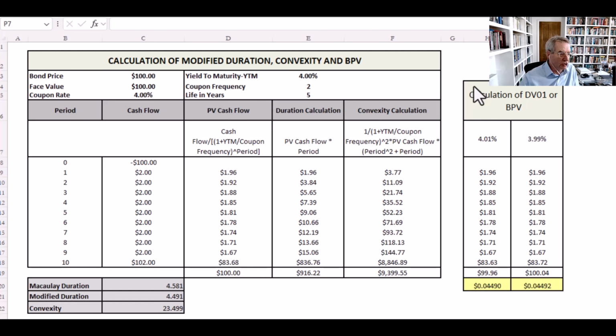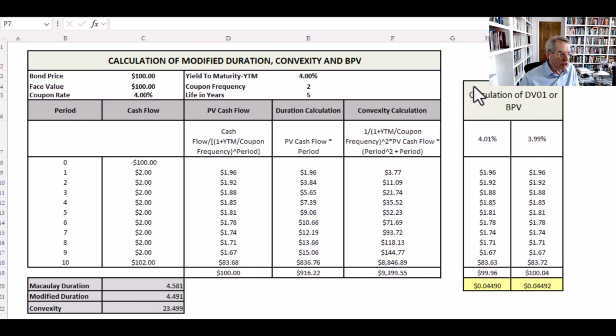So let us now go through the cash flow analysis for this bond. Here we can see the various periods extending down to 10, and the final payment here in year 5. This is the second half, if you like, of year 5. What I've done is combine half of the 4%, i.e. the coupon amount, plus the redemption of the par value of 100. So we can see that number here.